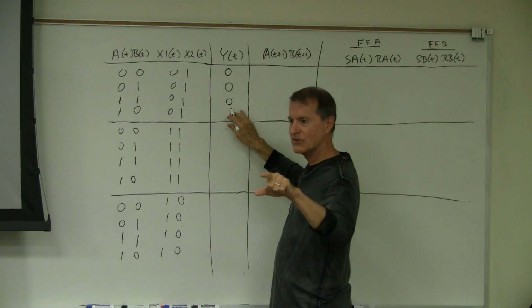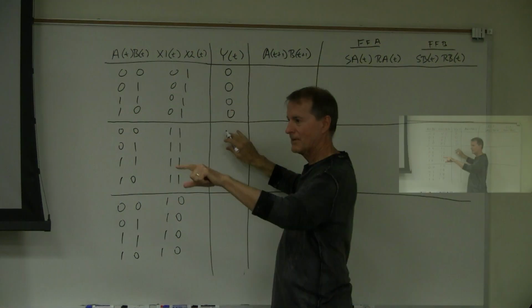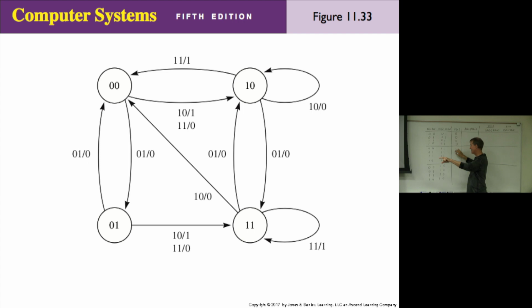Any challenges? Next. 0. 0. Next. Sam. So we're at state 0, 0, and the input is 1, 1. Then it's 0. Okay, next.